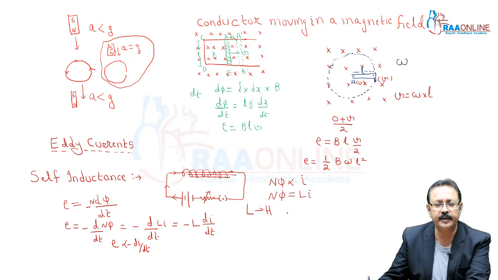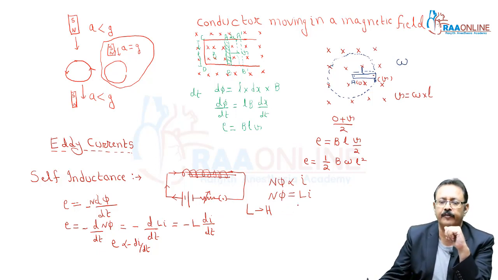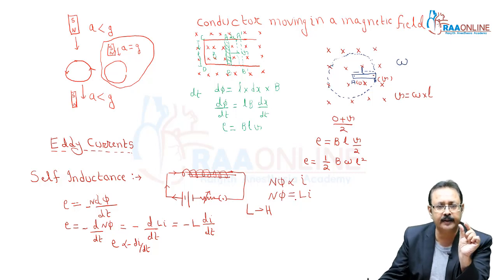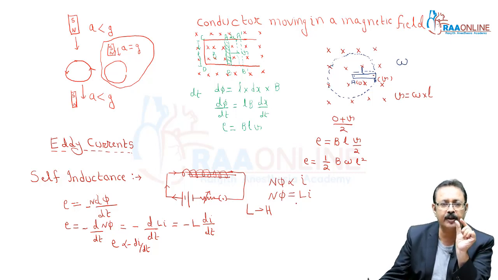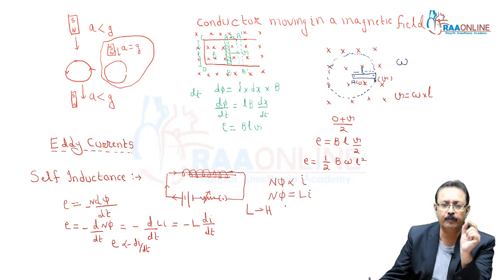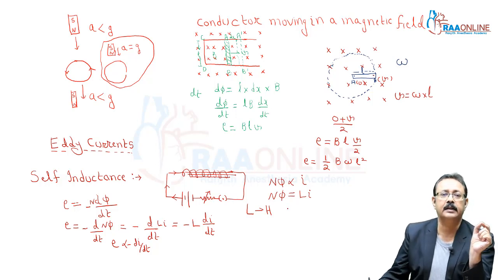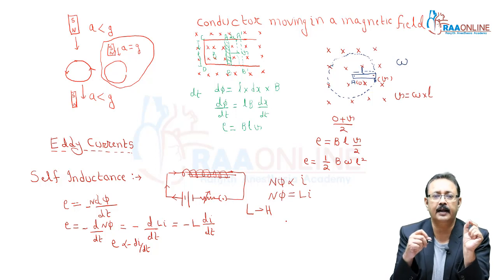And CGS unit in whole current electricity, if you put two letters A, B in front of the SI unit, you get the CGS unit. Ab volt means CGS unit of volt in current electricity.